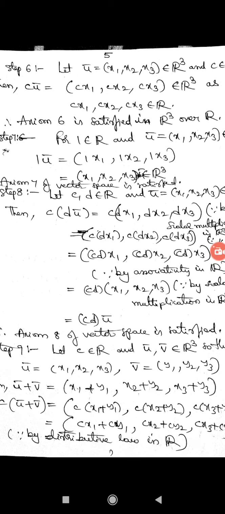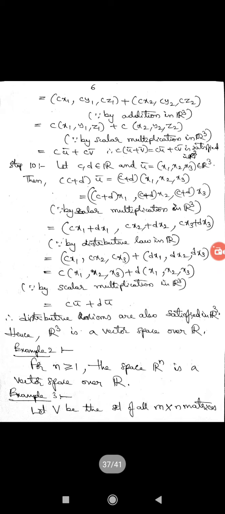Now c times u bar plus v bar, by the scalar multiplication in the set R3, we can write as c times x1 plus y1, c times x2 plus y2, c times x3 plus y3. And this is equal to cx1 plus cy1, cx2 plus cy2, cx3 plus cy3. This we could do by the distributive law in the set of real numbers.